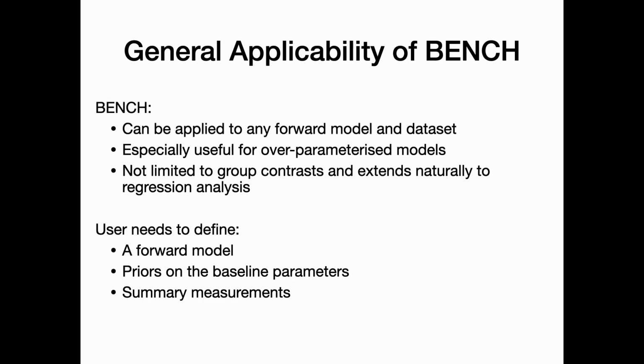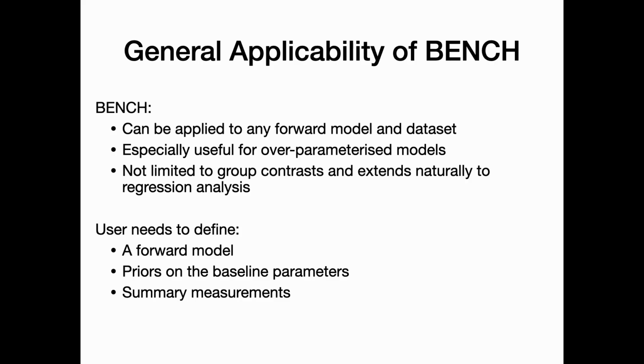So far, Bench was explained and used in the context of diffusion MRI data analysis, but it is a general framework for detecting parameter changes without the need for full model fitting or fixing parameters. It can be applied to any forward model and dataset, and it is particularly useful when the model is over-parameterized and the data cannot constrain all the parameters.